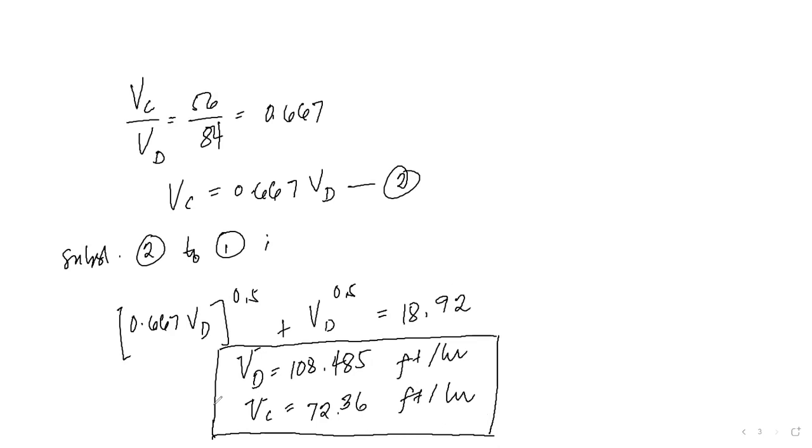You are asked to predict the flooding velocity. For letter B, you are asked to find the diameter of the tower at 50% of this flooding velocity. So we're now in letter B. But specifically, if you want to design your column, remember this, you are more interested in the 50% of the flooding velocity of the continuous phase.